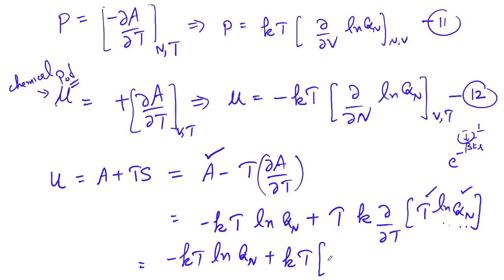So this equation becomes kT partial by partial T of log Qn plus kT log Qn. The kT log Qn terms get cancelled, and what we get is our internal energy, which comes out to be kT squared partial by partial T of log Qn.